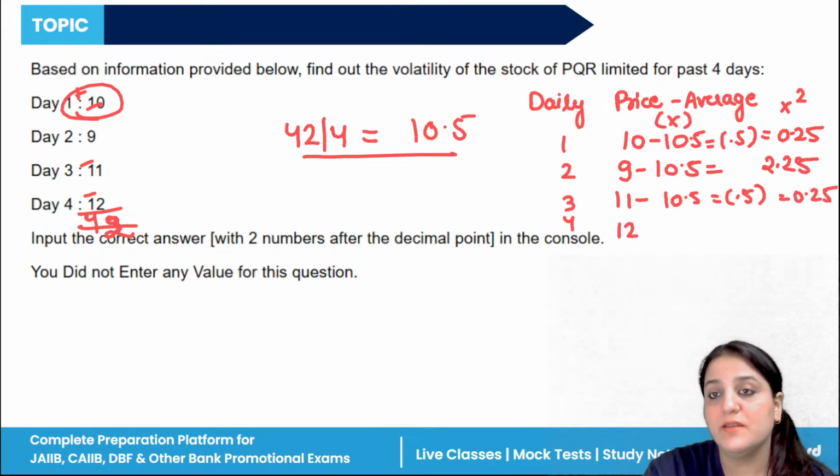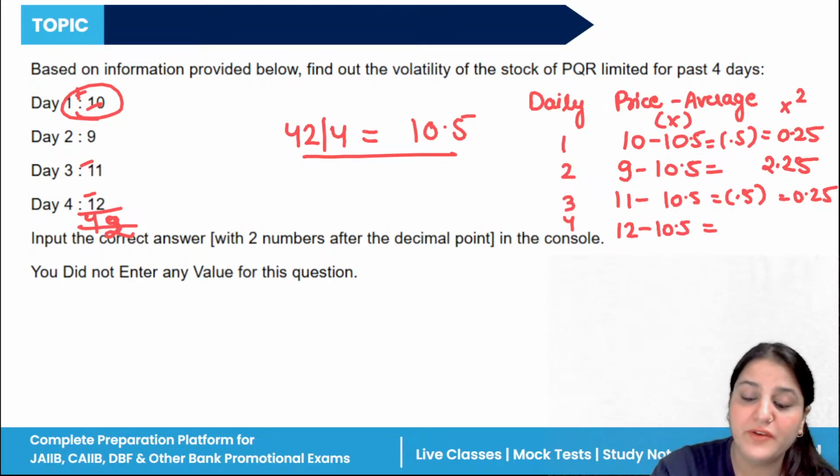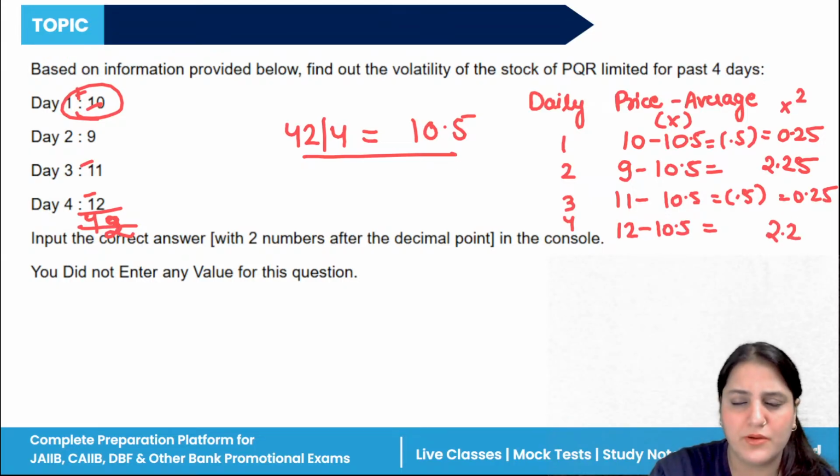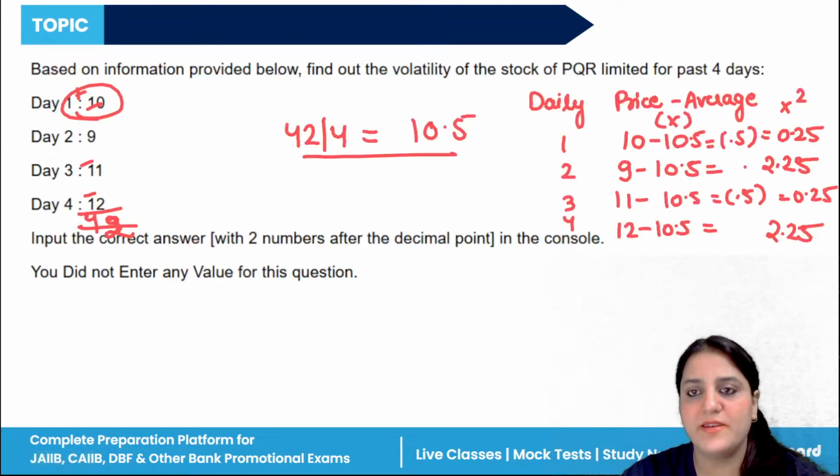Then 12 minus 10.5 is 1.5. Then 1.5 multiplied by 1.5, so same, 2.25 is the answer.